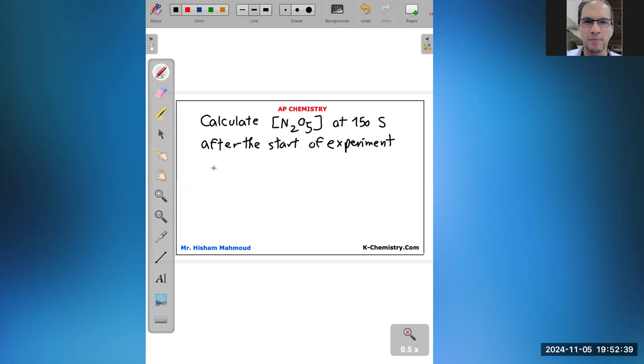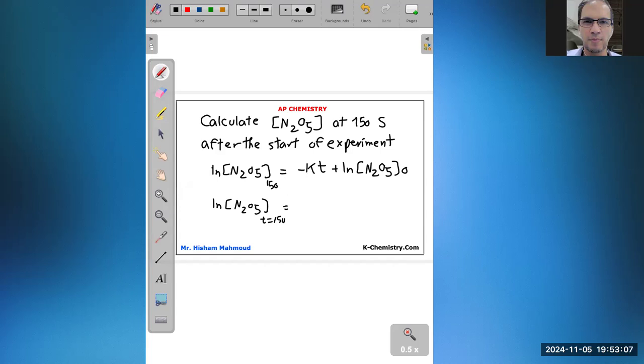You said that ln N2O5 at a certain time equals negative kt plus ln N2O5 at time 0. So at time 150 seconds, you need to find this concentration: ln N2O5 at time 150 is equal to negative k.